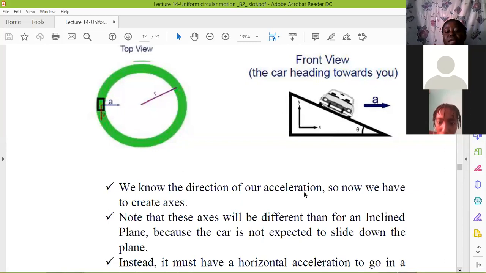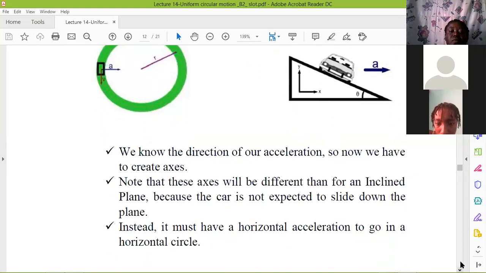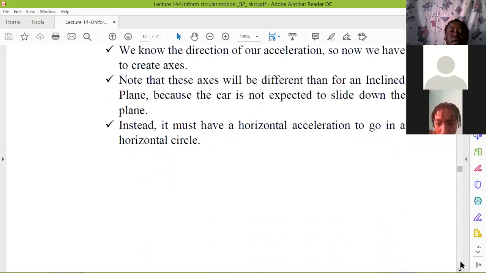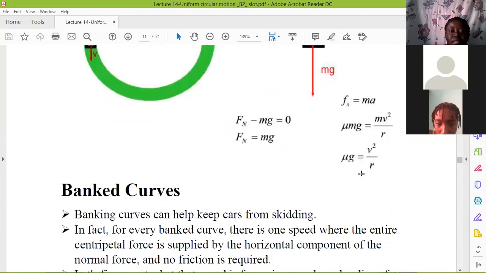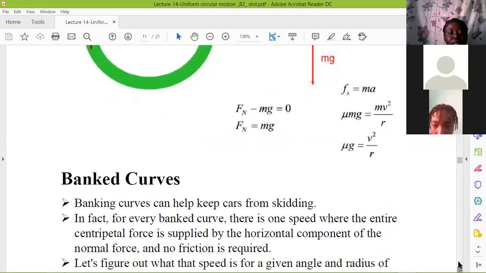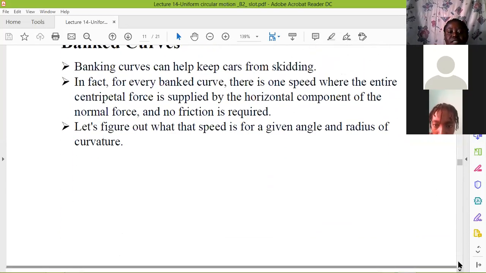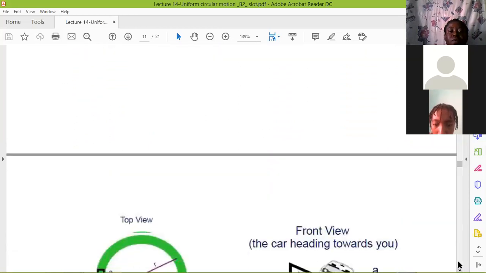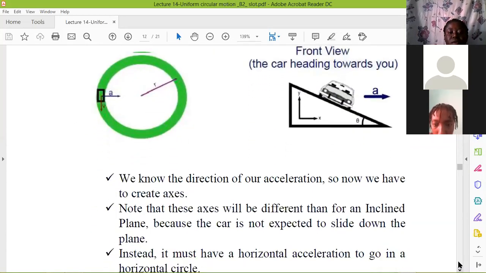then remember, if we go back to the incline and draw our axes along the incline, in fact, when the curve is banked, there is one speed.